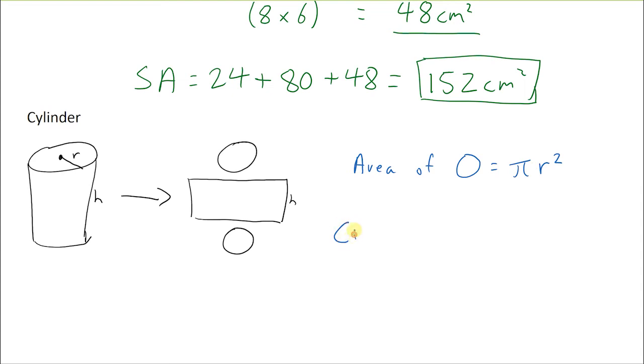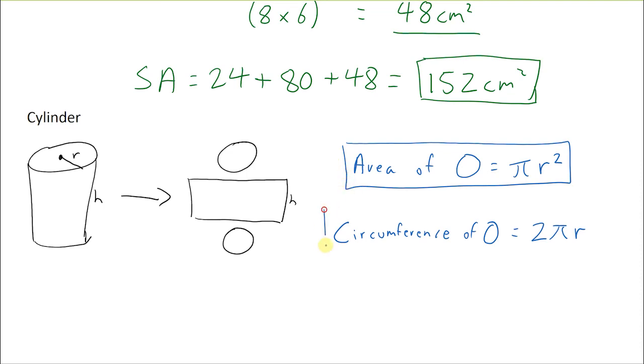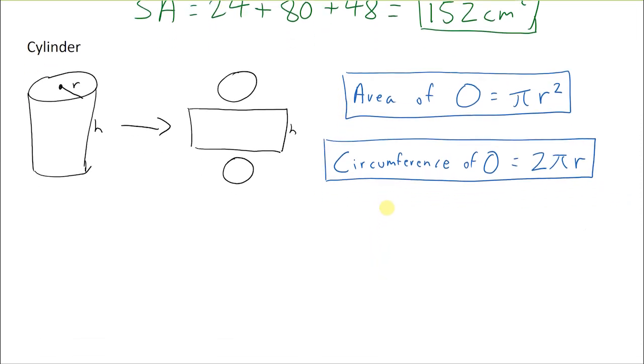The circumference of a circle is 2 times pi times r, which is our radius. So keep these formulas in mind as we break down how to calculate the surface area of our cylinder.